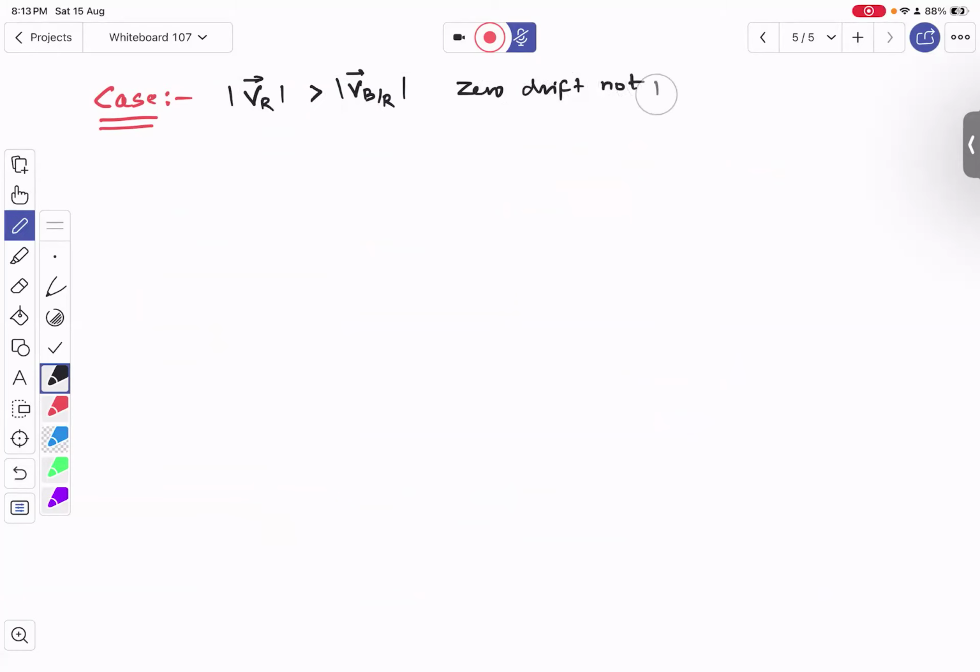The moment I know that we will not be reaching the opposite side of the bank directly, the shortest path length will not be equal to the river width, and it will be more than the river width. So I'm telling the result, then we will be deriving it also.